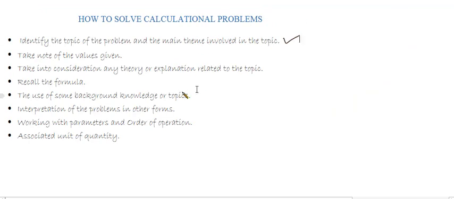The next one is to take into consideration any theory or explanation related to the topic. If you take, for instance, a physics problem that involves motion of an object being thrown vertically upwards, theory tells us that acceleration due to gravity has to take a negative sign.